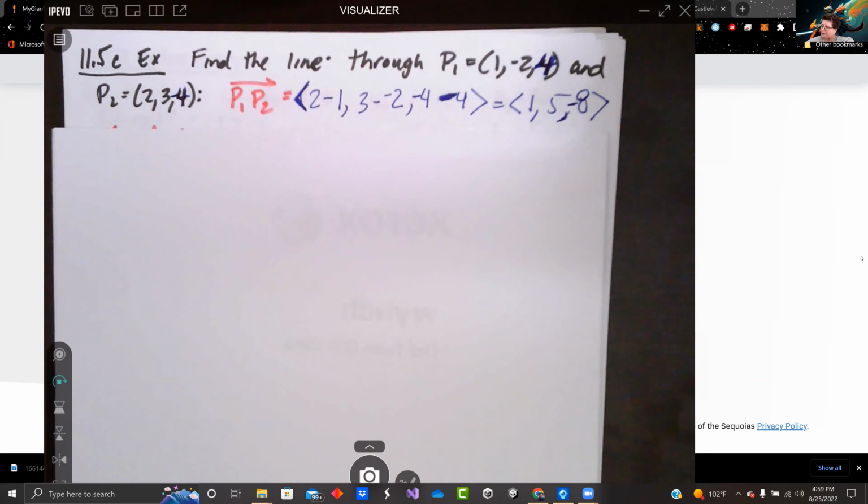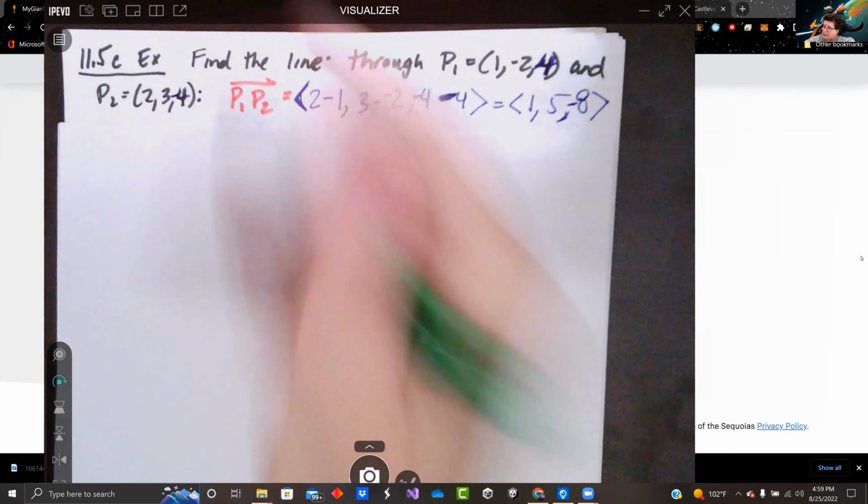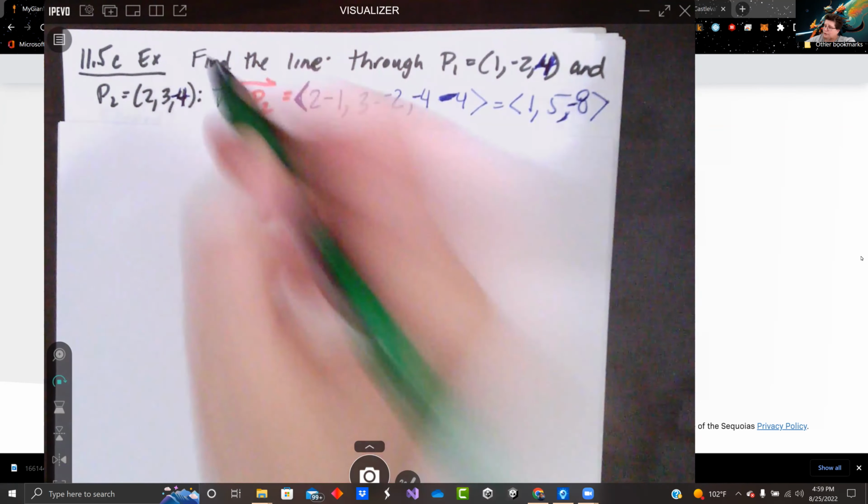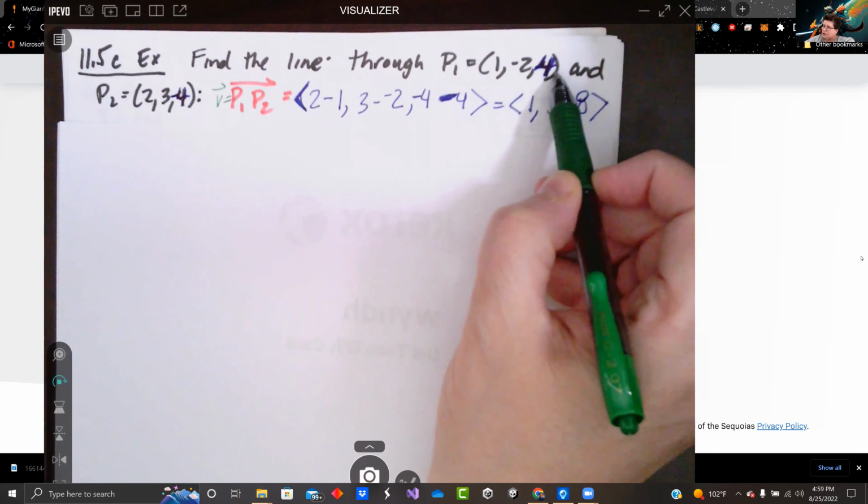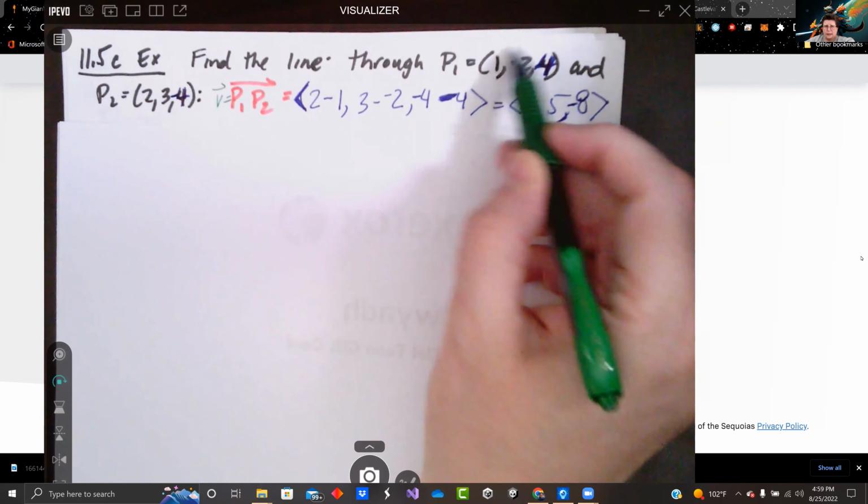So that's going to become our velocity. This will be our velocity. And we're starting at P1, so this will be our x naught, y naught, and z naught.